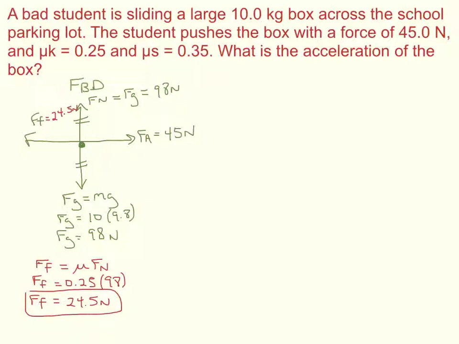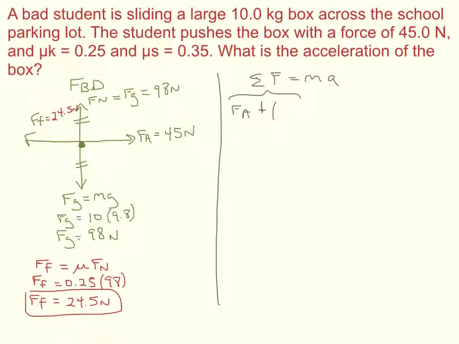If I know all those forces, now I'm free to start saying, okay, Newton's second law is sum of F equals ma. I know about my two balanced forces, Fn and Fg, they cancel. So when I say sum of F, it just means add all the unbalanced forces together. Fn and Fg are balanced, so the forces I'm left with are applied force and force of friction.